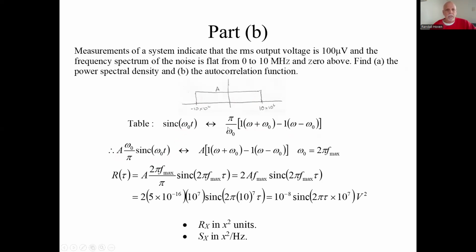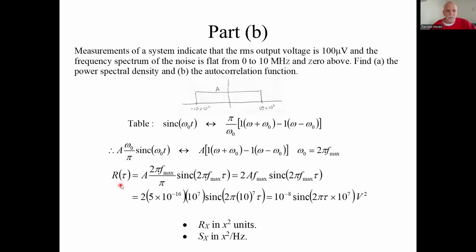So if I multiply by A omega 0 over pi on both sides here, I'll have A omega 0 over pi sinc equals this A times this part. And the omega 0 here, I've got to convert to radians per second, so I'll multiply the hertz by 2 pi. The rest of this is getting everything to square up so that the scaling and the parameters of the table match the numbers of our problem.